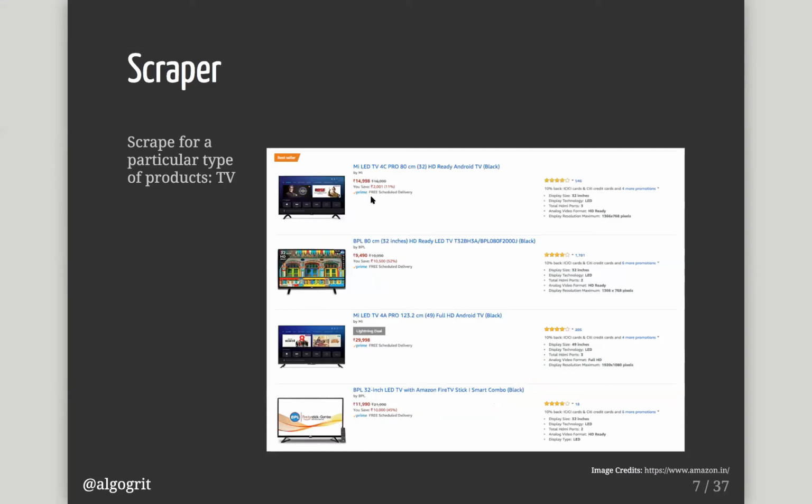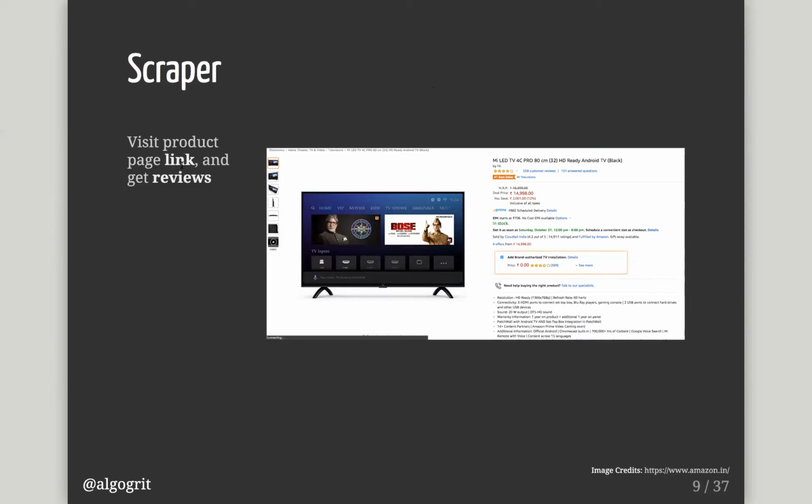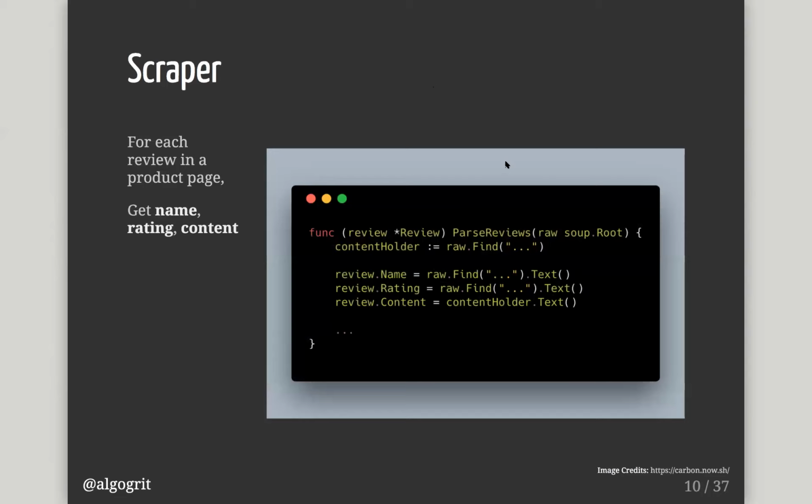This is the TV listing page on Amazon.in, and from there, for each product, I get its name, image, price, and link. Once I've got the product page link, I visit the product page. For example, here I'm visiting the MI LED TV's link page and getting its reviews. For each review, I get its name, rating, and content.